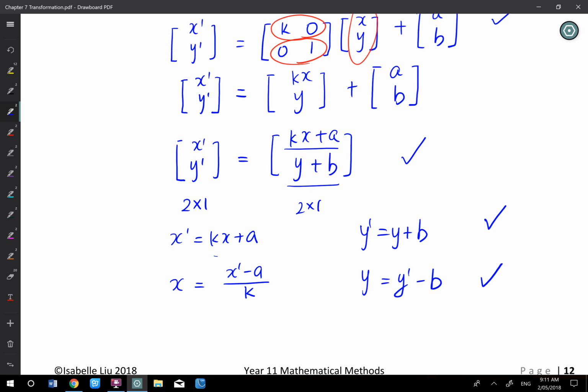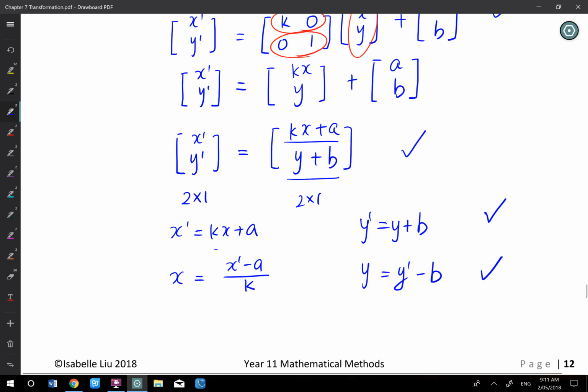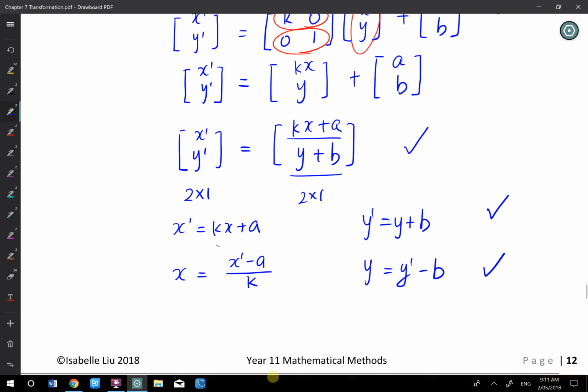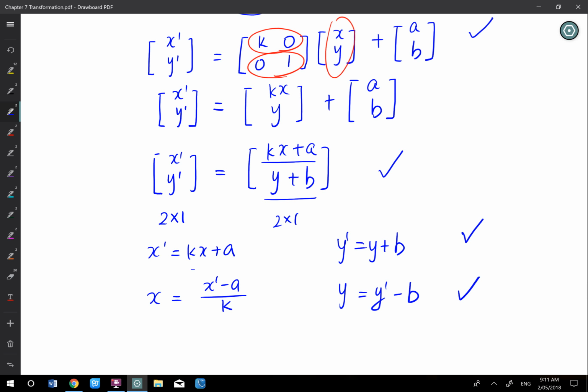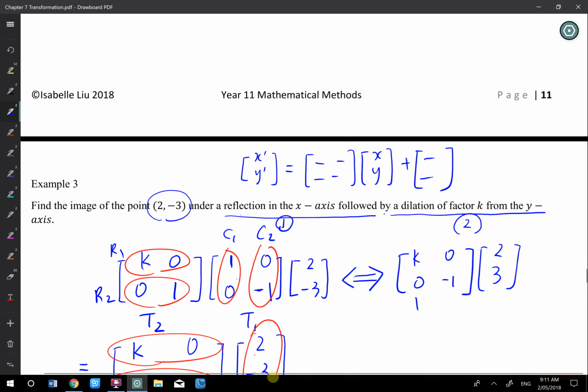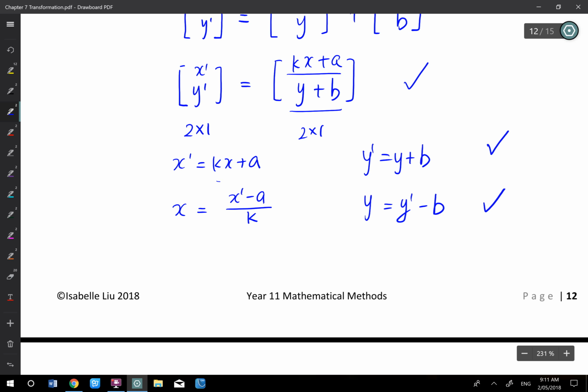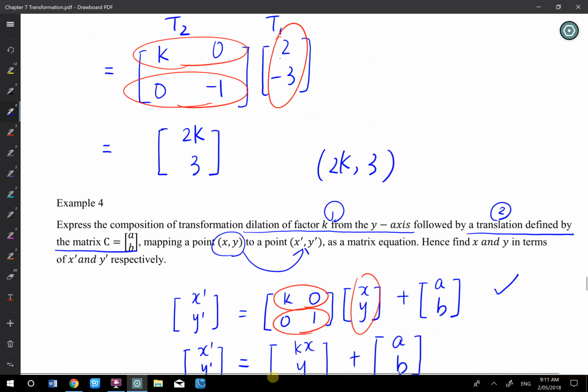We will do that tomorrow. We're not going to go through the application bit yet. So that's the basics of what we can do with transformation matrices. These three examples are very important and directly related to what we're going to do tomorrow.